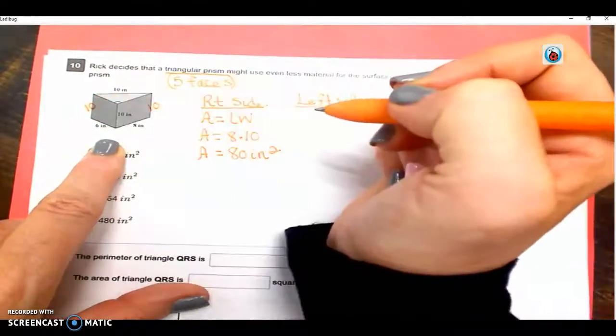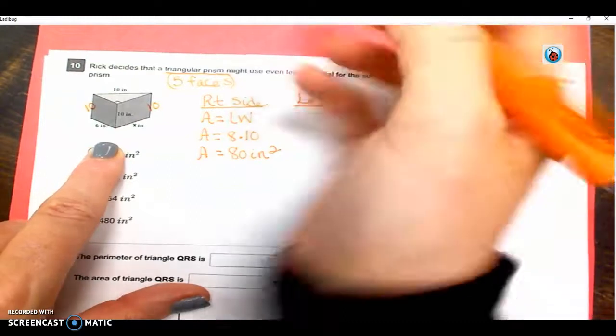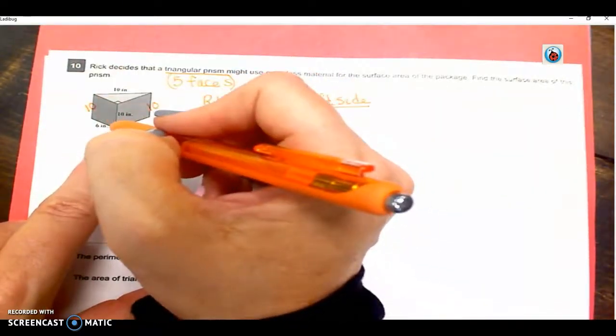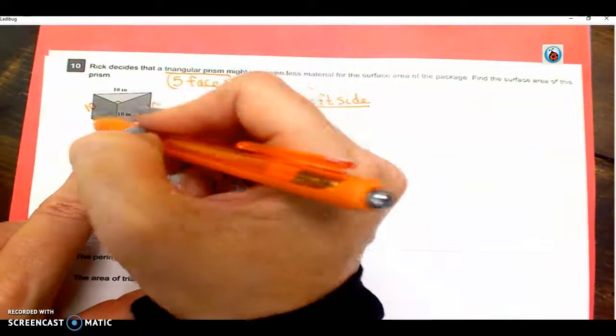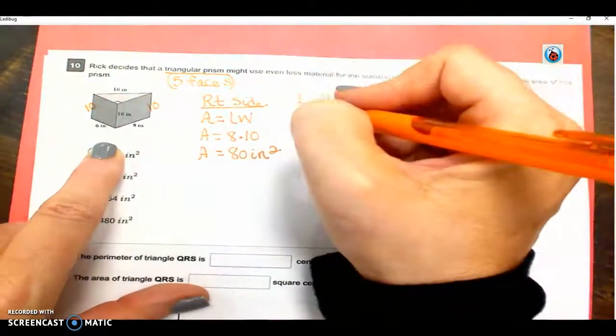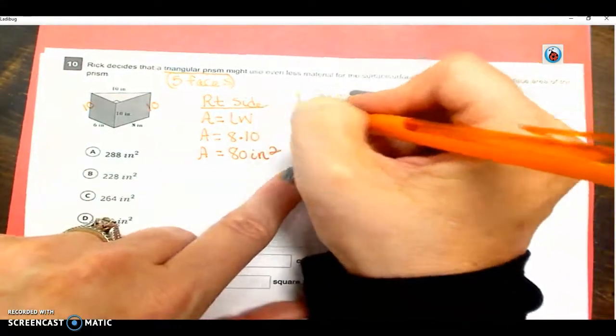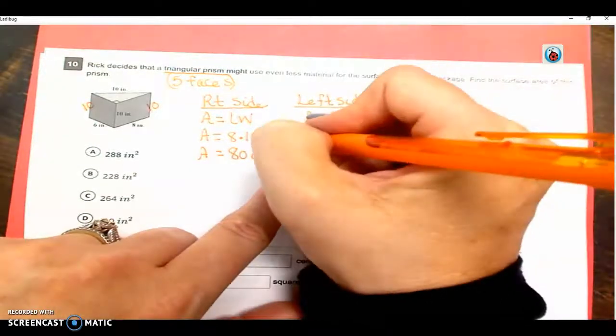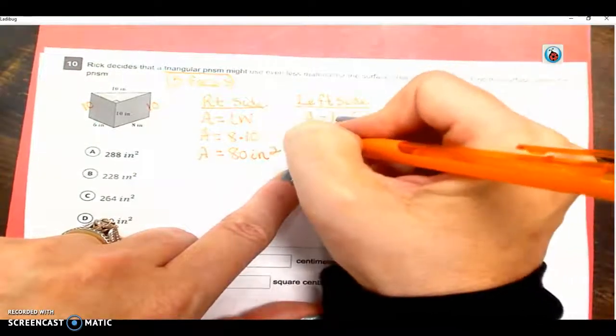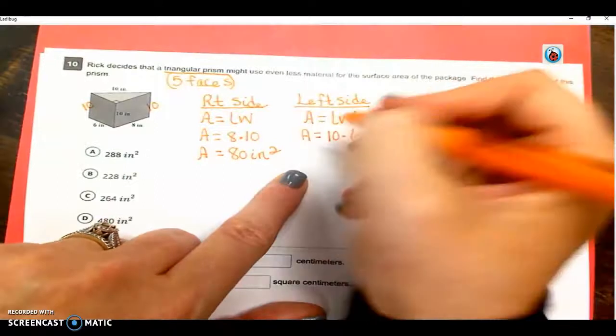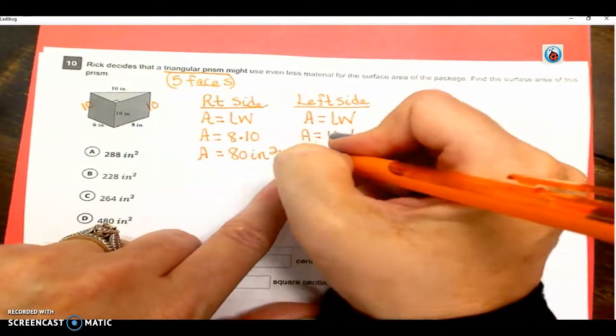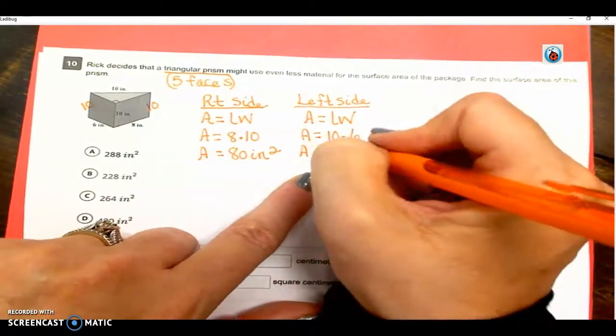This would be 10 as well. Okay, and so we can see that this side here is going to be a 10 by 6. It is another rectangle, so length times width. So we have 10 by 6. And so that's going to give us an area of 60 inches squared.